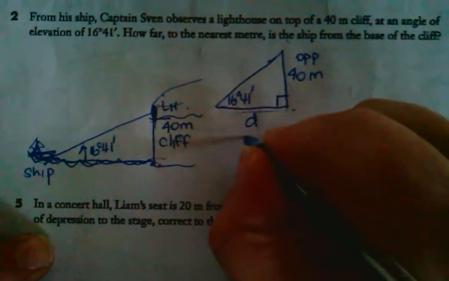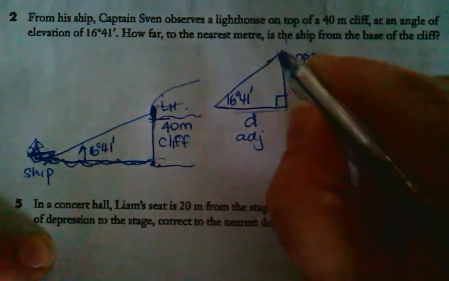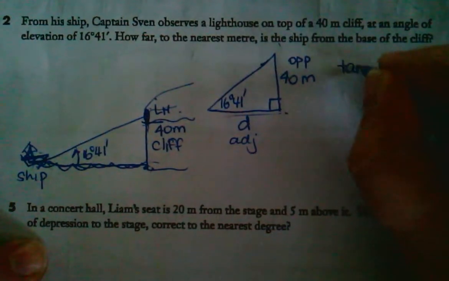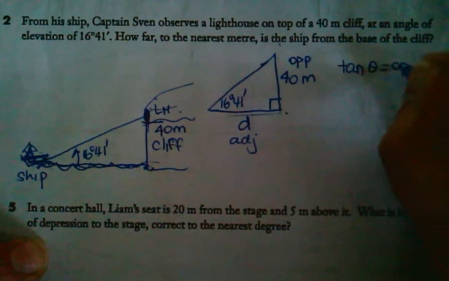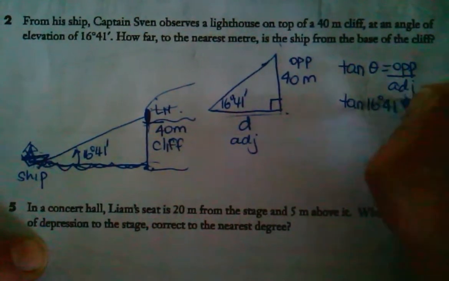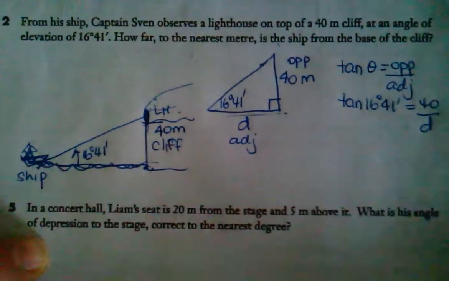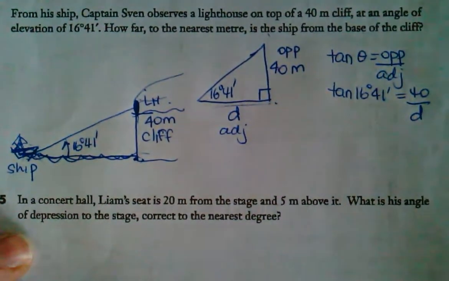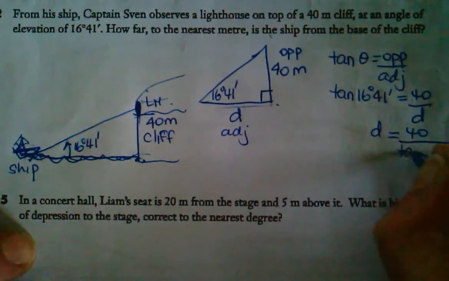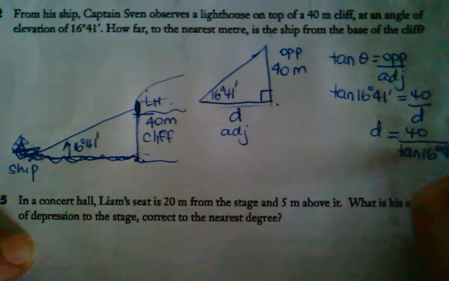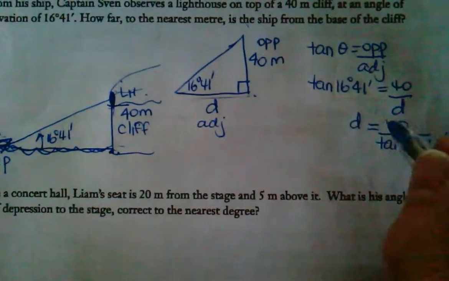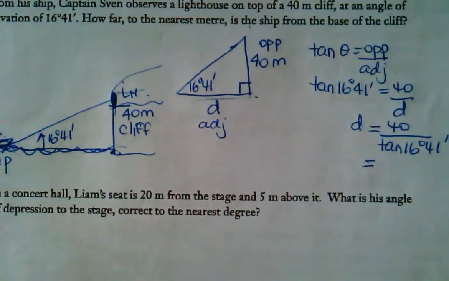We've got opposite and we're trying to find adjacent. There's nothing about the hypotenuse that we need, so it's O and A. So tan theta is opposite over adjacent. Tan of 16 degrees 41 minutes is 40 over D. My pronumeral is on the denominator, so I do the diagonal swap, and you can work this out.